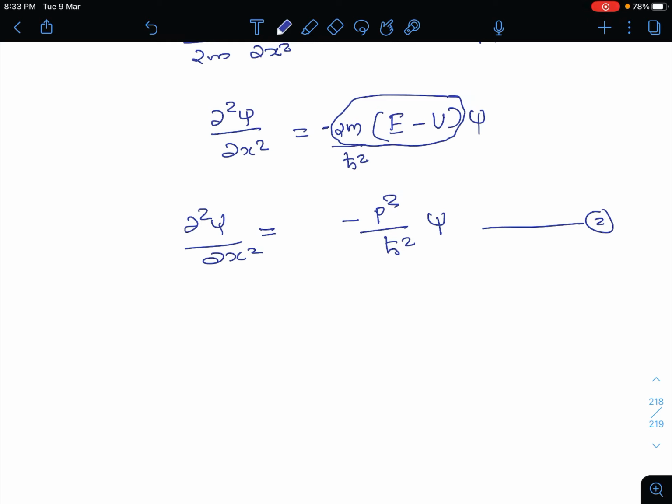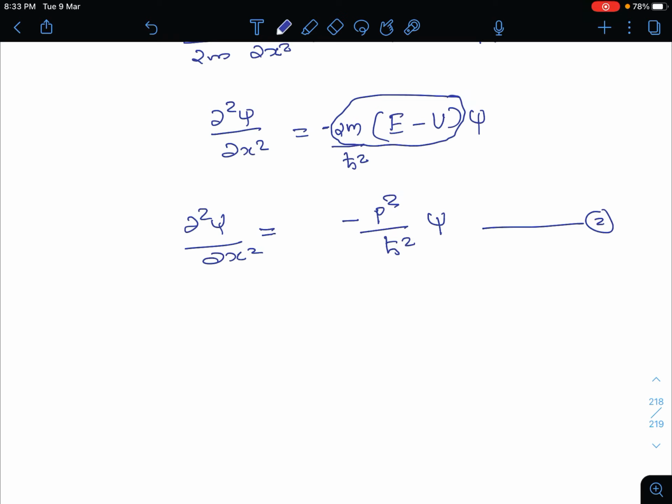So p is a positive number, and p square is obviously positive. This is called the classical region.